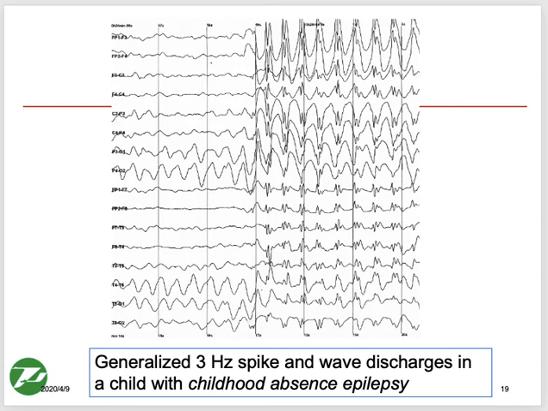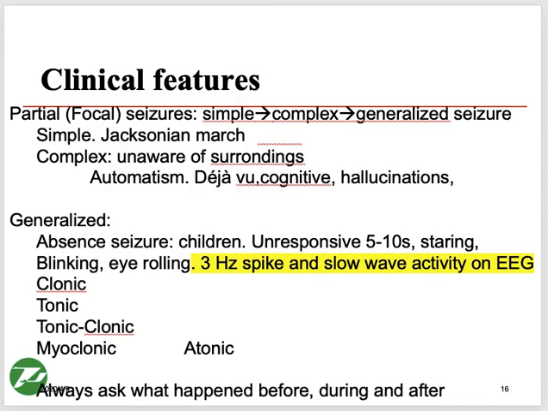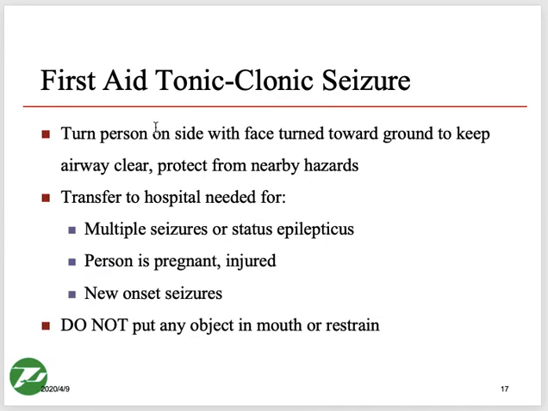Now, of course, after this we are going to discuss the treatment, right? So I told you about what is syncope and what is seizure and what is pseudo seizure, right?